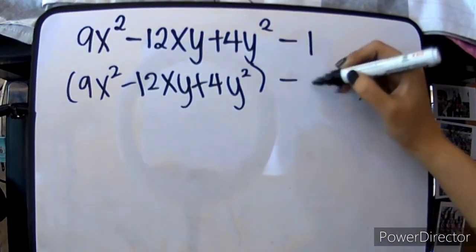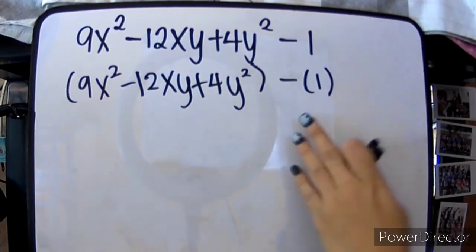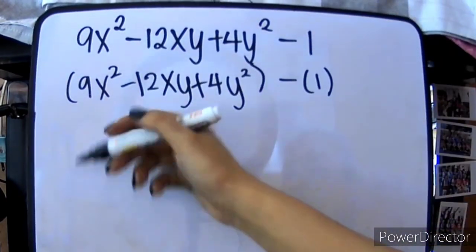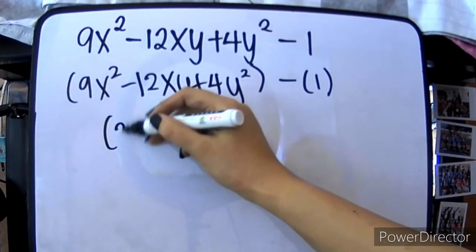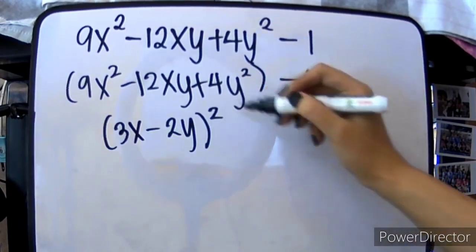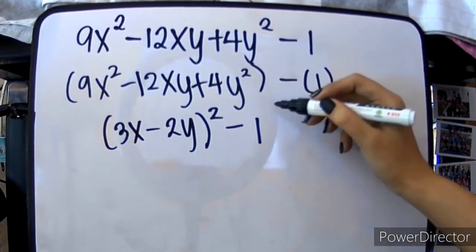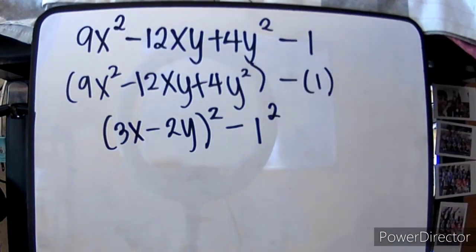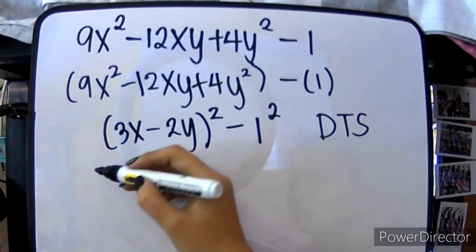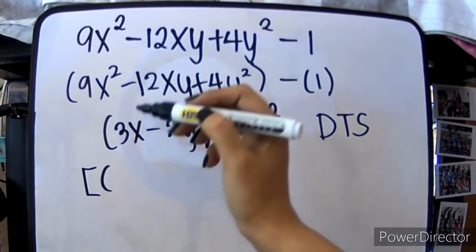And then minus 1. Pinarenthesis ko lang, pwede namang hindi na po. And then factor na natin 'to as a square of binomial. So this is 3x minus 2y, or rather the square of 3x minus 2y. And then ito, sulat ko na lang siya ng 1 squared. That is just my technique para ma-remind ako na ito ay DOTS. So let's factor it as DOTS.